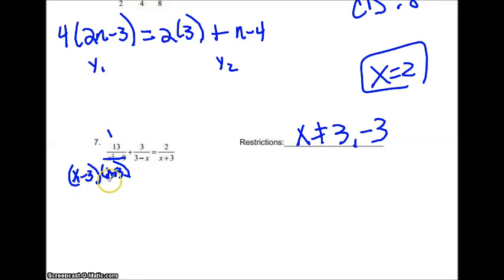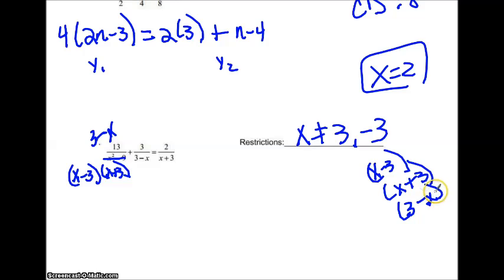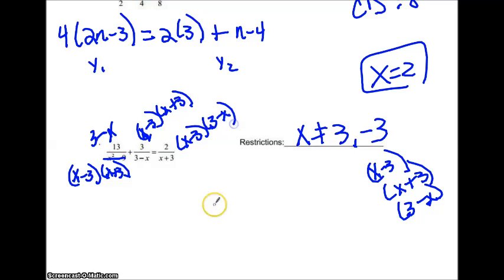You have x minus 3, you have x plus 3. 3 minus x is part of your common denominator. X minus 3, x plus 3, and 3 minus x. Because it's written backwards, so you can't just ignore that. So this one is missing x minus 3 and x plus 3. And this one is missing x minus 3 and 3 minus x.